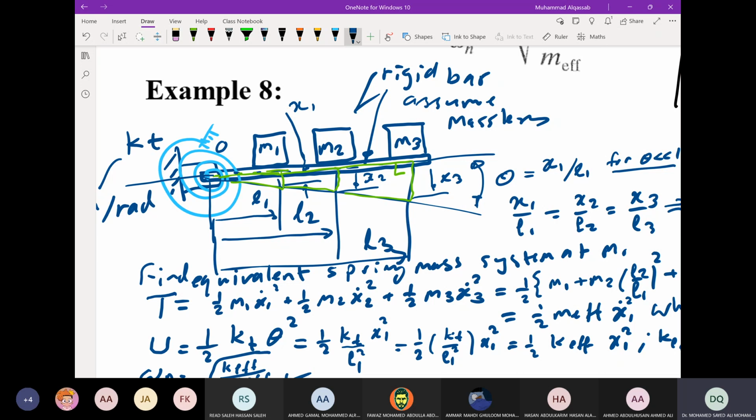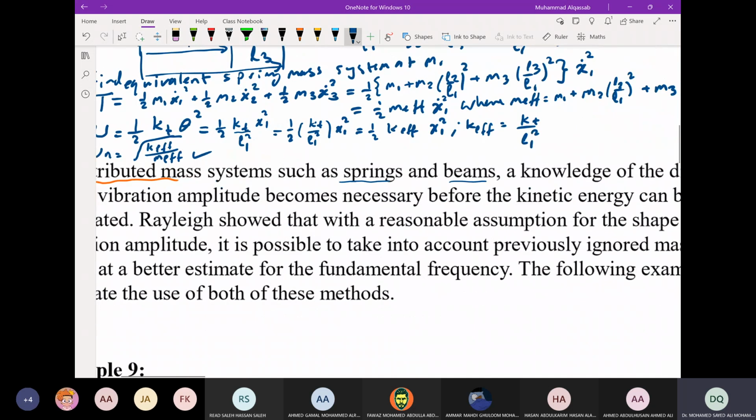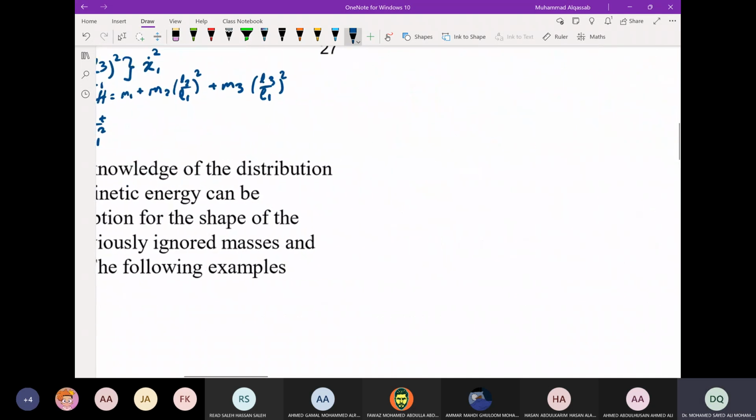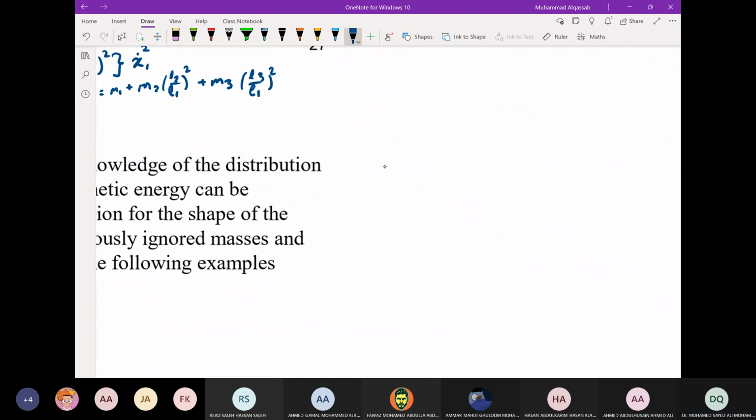But for members not pivoted, like the beams, we have a cantilever beam. We know this will not be rigid because this is zero, the deflection here.